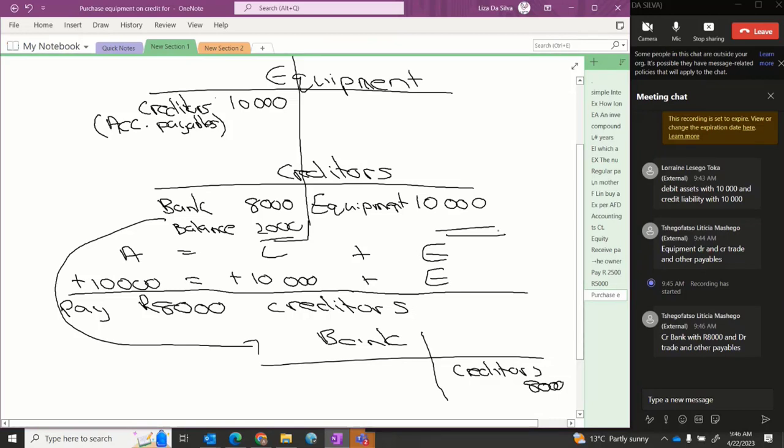The whole thing about accounting is, I'm a visual learner, so I write things down for myself.